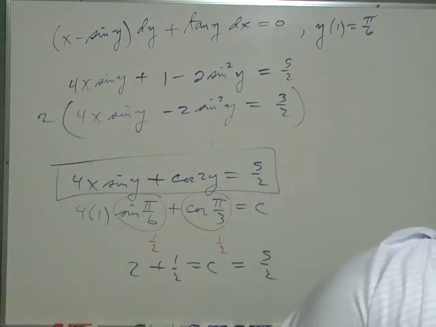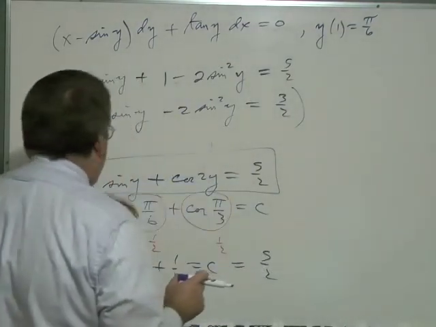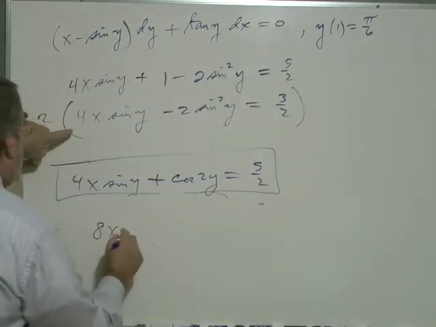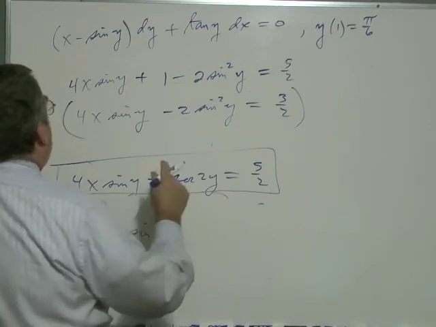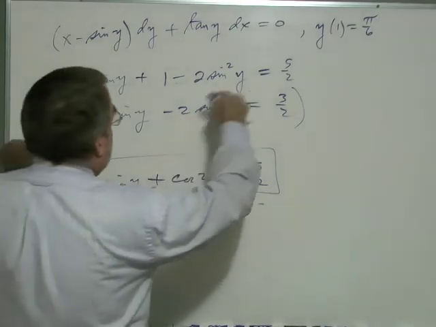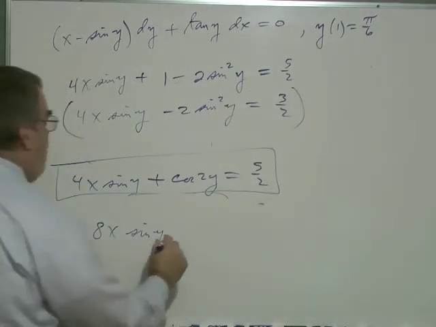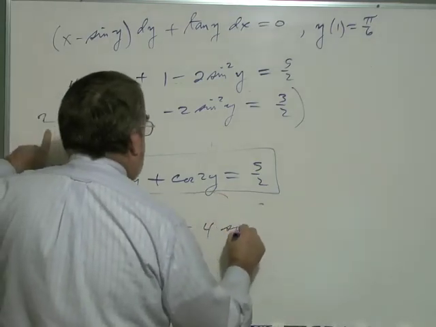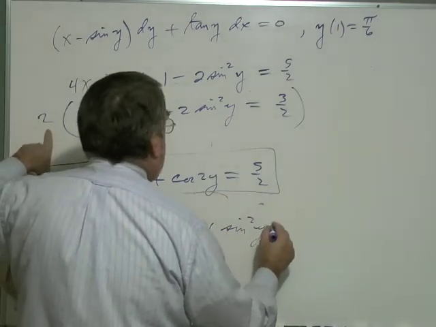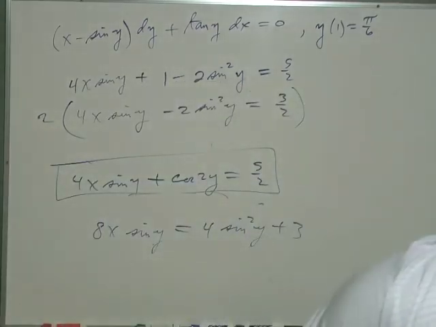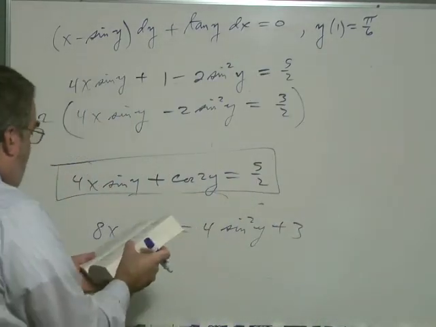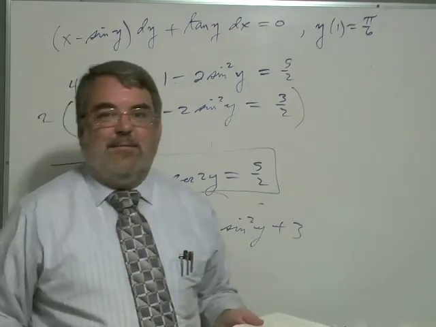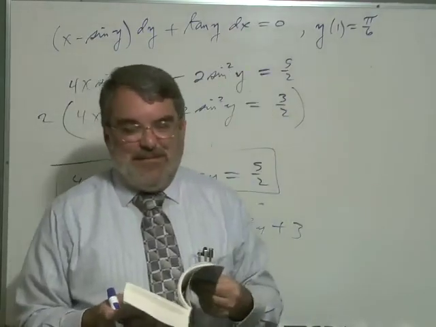And I think it's going to work out. Thank goodness. I'll work down here to wrap this up. We'll get 8x sine y, and then my multiply here I get minus 4. I'm going to add this to the other side. And so I end up with positive 4 on the right side, sine squared y plus 3. So let's see if that did it. And they have 8x sine y equals 4 sine squared y plus 3. So big sigh of relief, we matched the book answer.